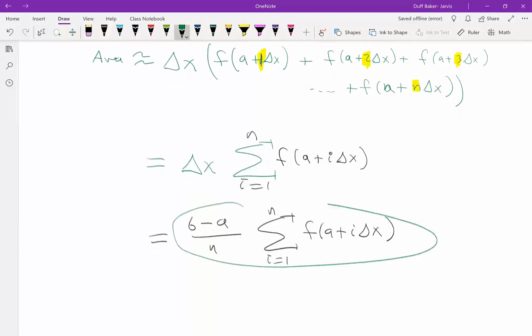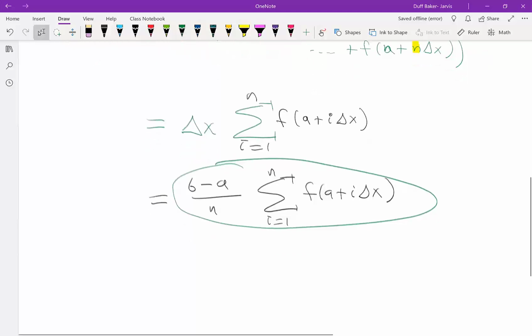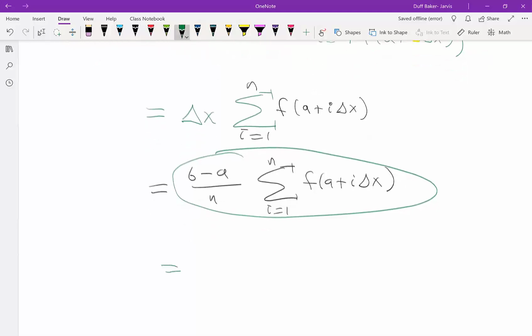So this is really the one you want to know. It's just a fancy way of writing what we were doing before. But now we can use the power of sums and these formulas and stuff. Just a comment, you may also see it written quite often like this. So instead of writing a plus i delta x, you might just see x sub i star.